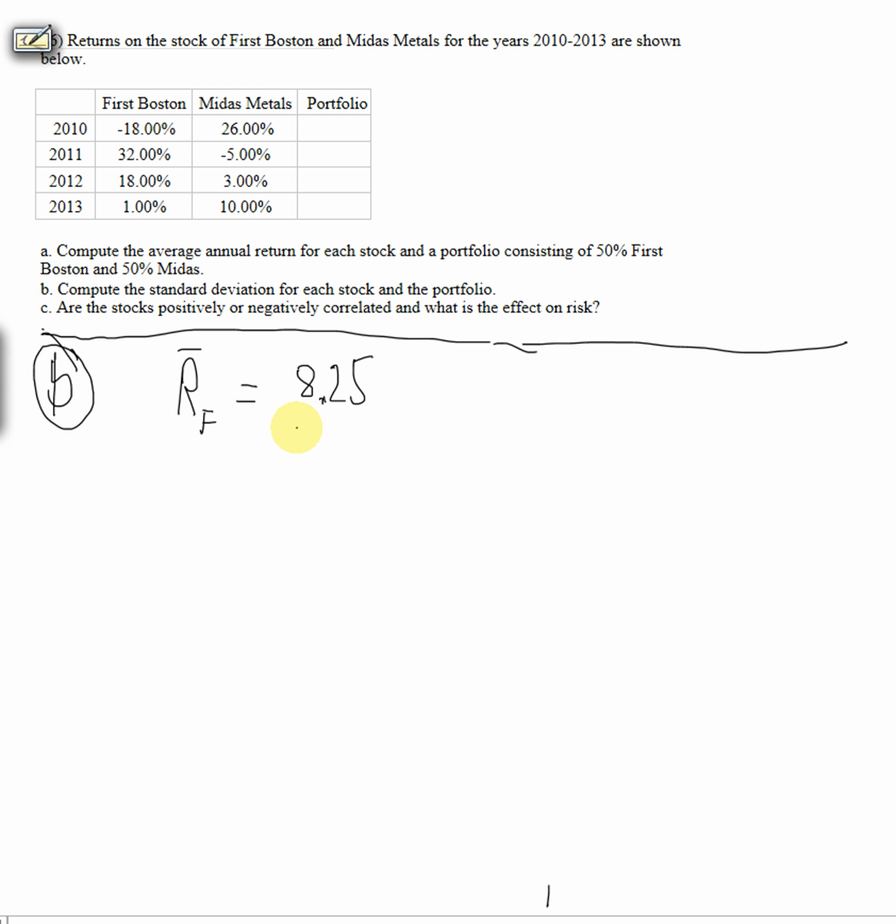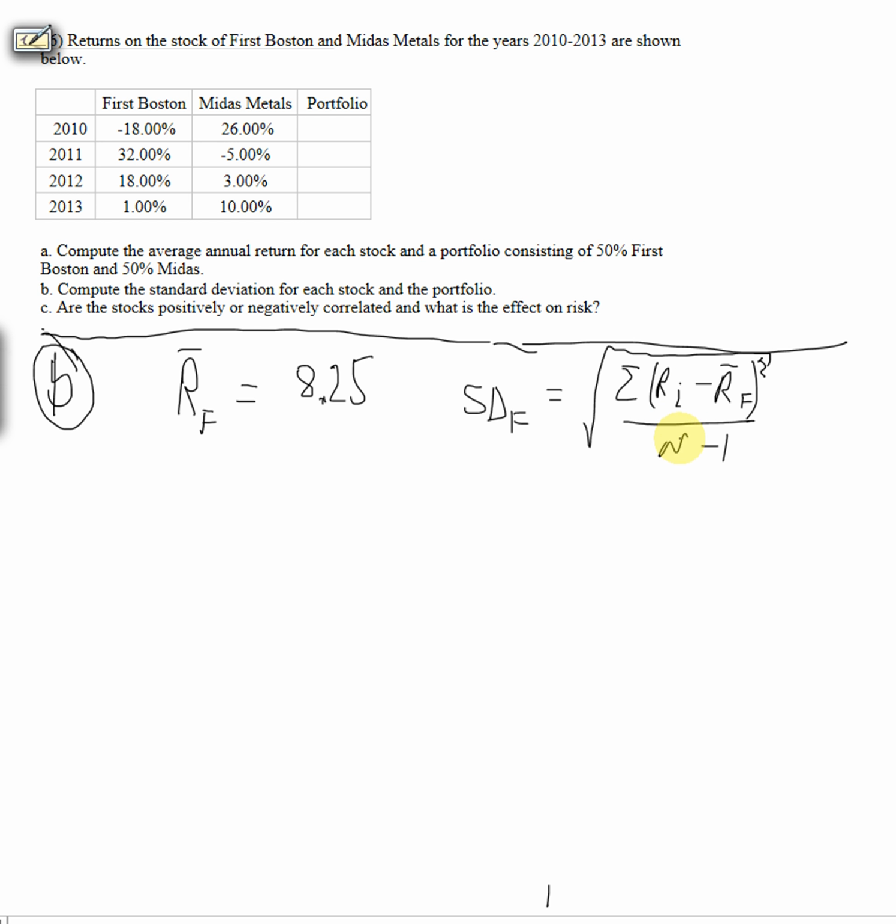Now, then standard deviation for First Boston, STF, would then be square root of sum of the squared deviations of returns divided by n minus 1.